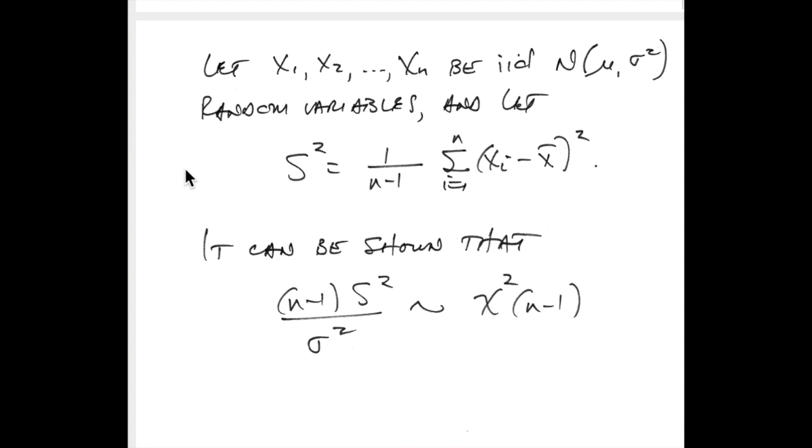And so let's suppose that we have a random sample from a normal distribution with mean mu and variance sigma squared. So these x1 through xn are independent and identically distributed, or IID. And let's let s squared be the usual sample variance, the sample variance that we learned about in our first methods class, the version with n minus 1 in the denominator.